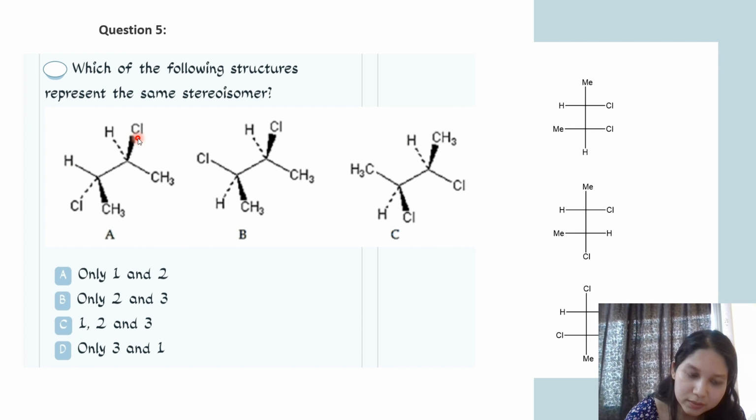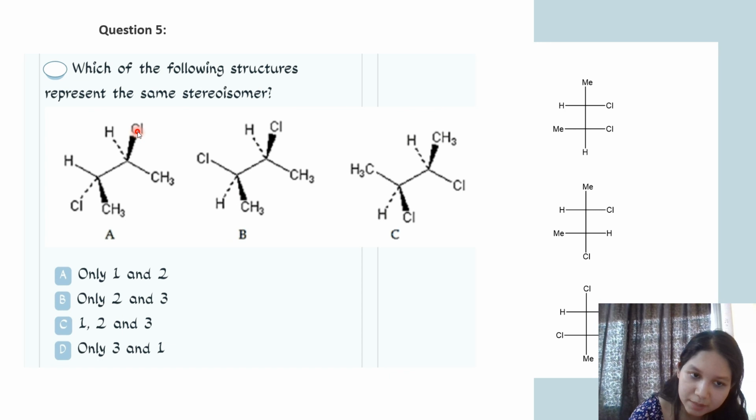This chlorine will come parallel to this methyl, and this hydrogen will come parallel to this chlorine. I hope you are able to visualize. This methyl is coming now parallel to this hydrogen.